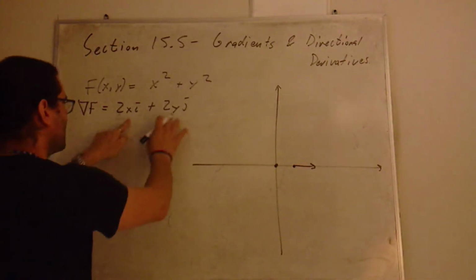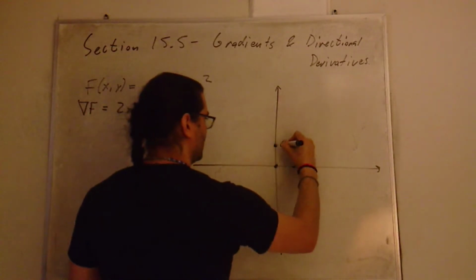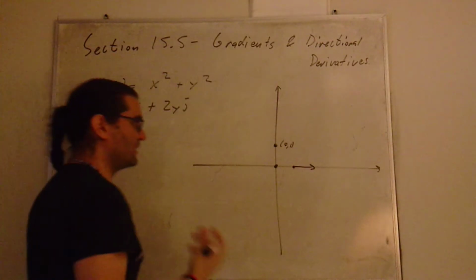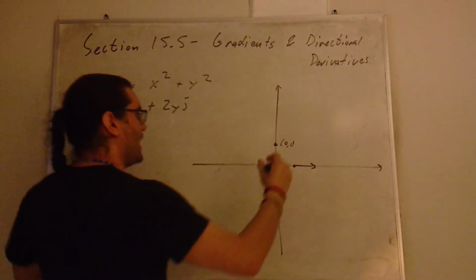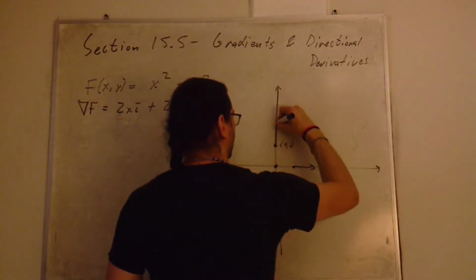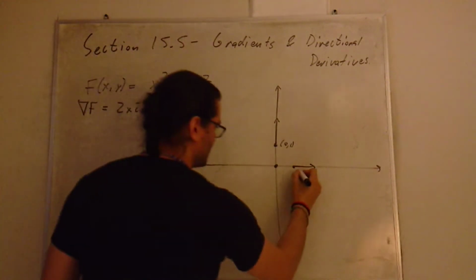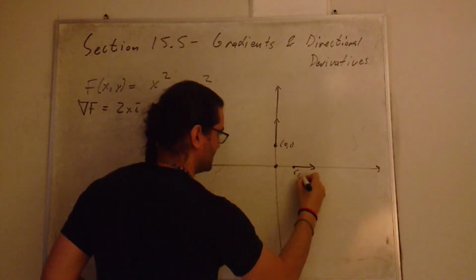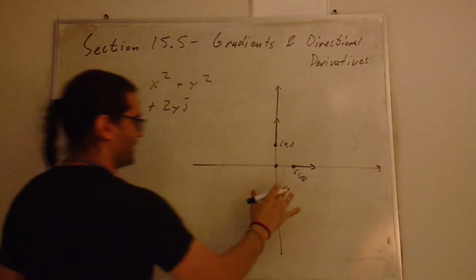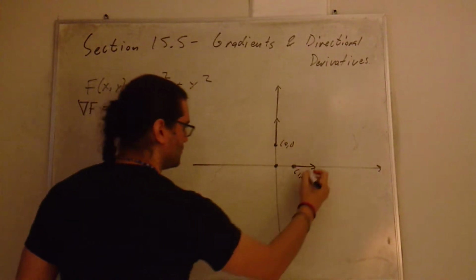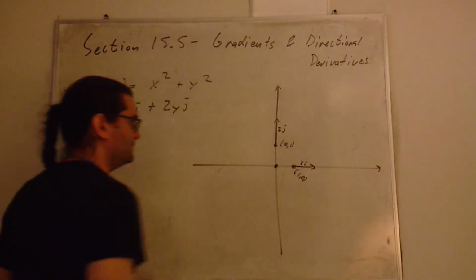If I plug in 0, 1, I'm at this point. 0, 1 is the coordinates I'm putting in, and it creates a vector that goes 2 units up. This is, I plugged in 1, 0, that's the point that I used for x and y, and it created a vector that from there moves 2 units right. This is 2j.